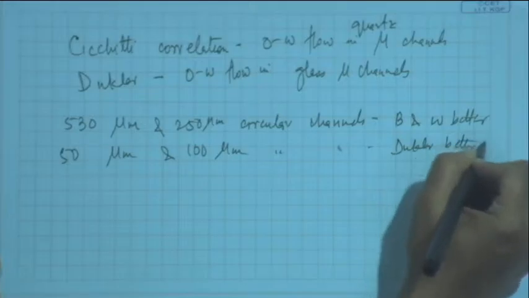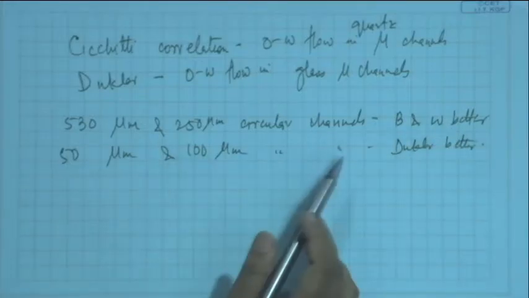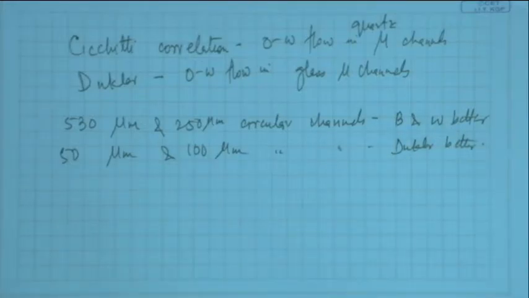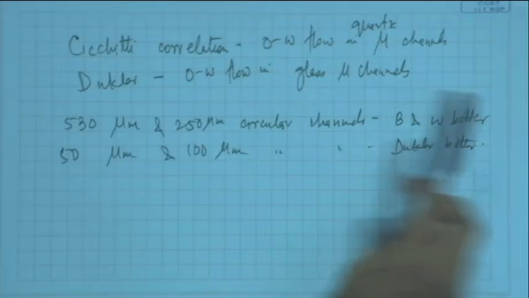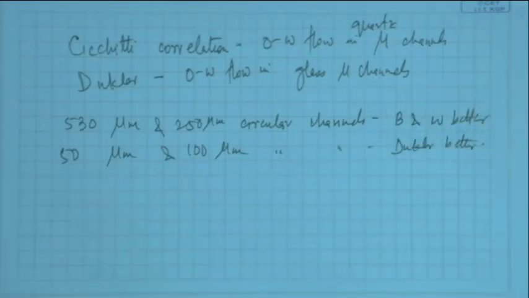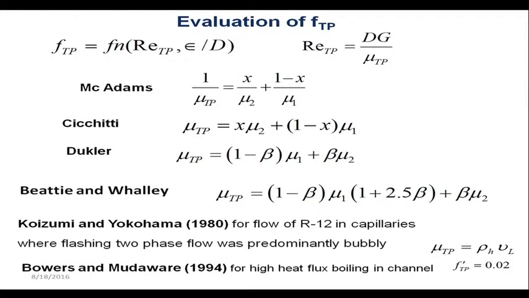Now, I would definitely not expect you to remember all these things, but it is very important to know why so many correlations have been proposed and why under different circumstances different correlations work better. Just observe, the two most common correlations are due to Duckler and Beatty and Wallis.